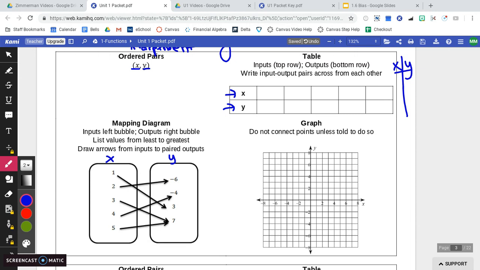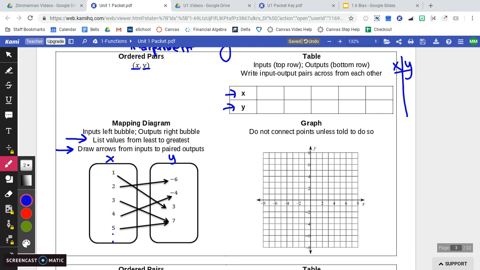With a mapping diagram, we want to make sure we follow some special rules. And this is the only visual of relations that we get picky about this. So in the x bubble, you're going to make sure it goes from the least to greatest, so 1 through 5. Same thing in the y bubble. The least number is -6, the greatest number is 7.